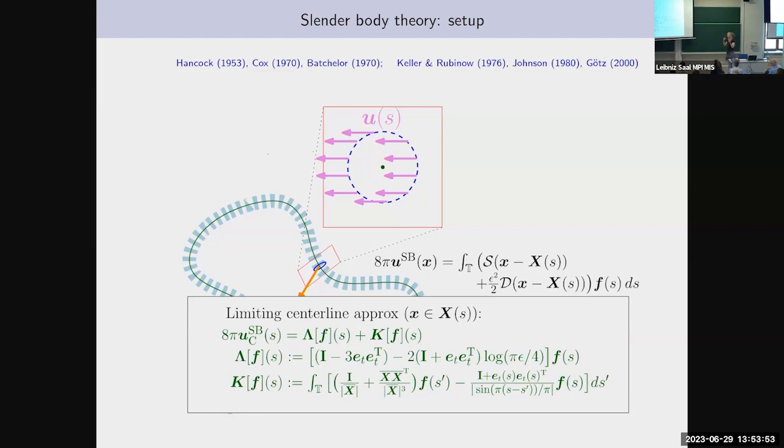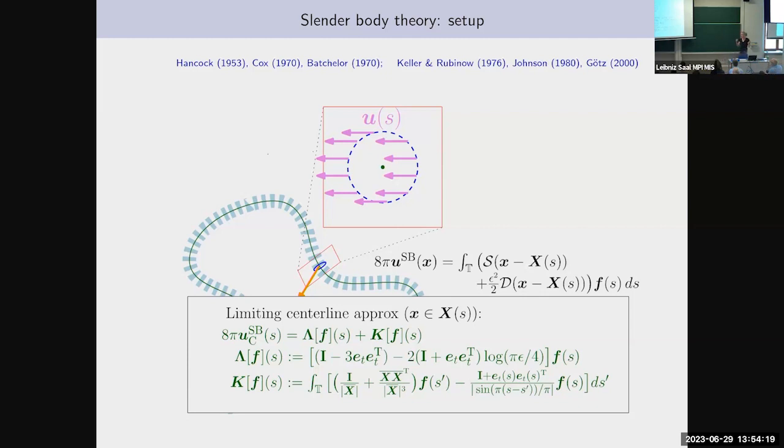It's a really nasty looking expression that comes in the form of a local matrix operator, plus this non-local finite part integral operator. It doesn't look very nice, but at the end of the day, it gives you a reduced dimensional model that approximates the motion of the filament given a force density along it.